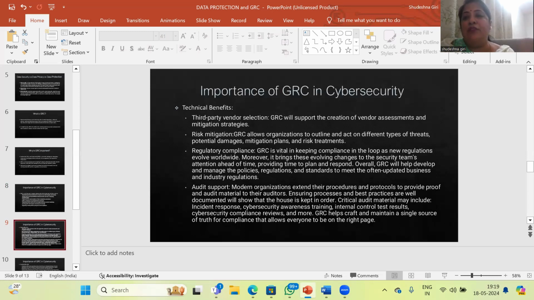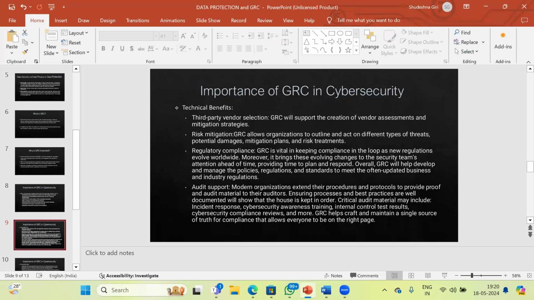Such data which goes to the third party, if Airtel has signed a bond with me that my data will be protected, the third party will also have to comply. So we have something called an indirect way of assessing that whatever they have committed to the client, that their data will be secure, the third party also has to comply with that, so that the data of the customer is secure.